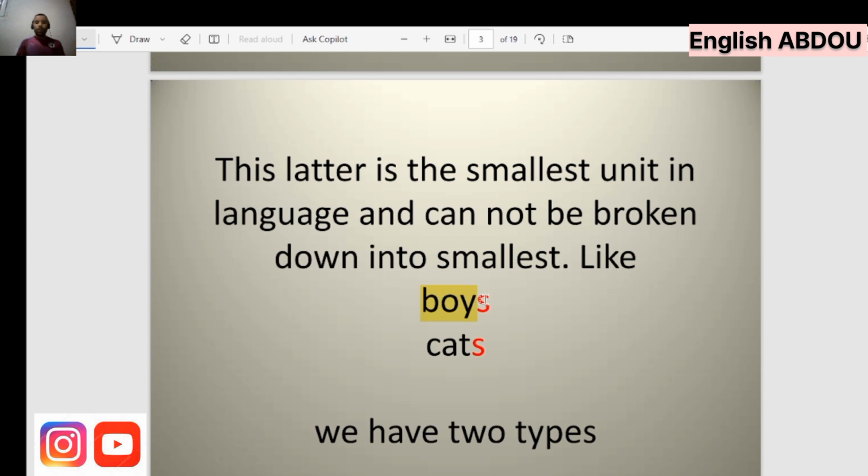So when we put s with boy, it becomes plural, boys, but we don't change the meaning of boy. It is the same for cat and cats. So cat is singular, while with s it becomes plural.